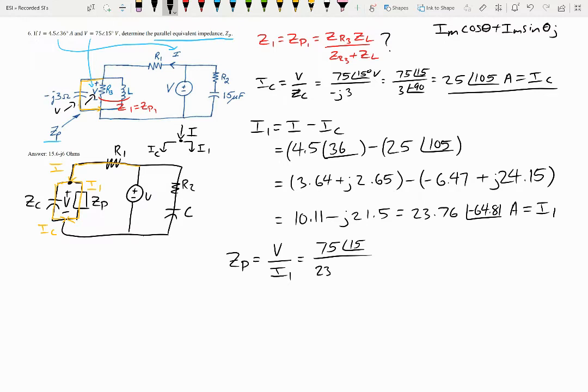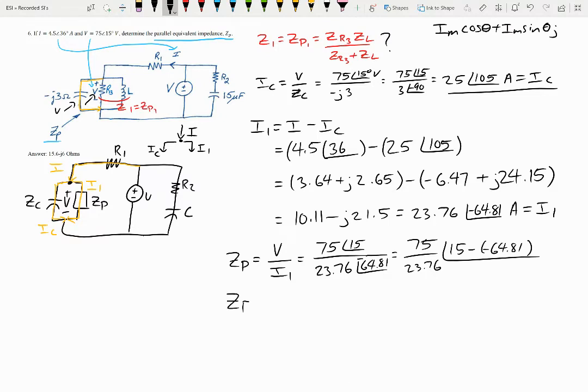I1 we said was 23.76 at an angle negative 64.81. Okay, so that'll be 75 over 23.76, 15 minus, should be a negative right there, and you can't really see that, minus negative 64.81.